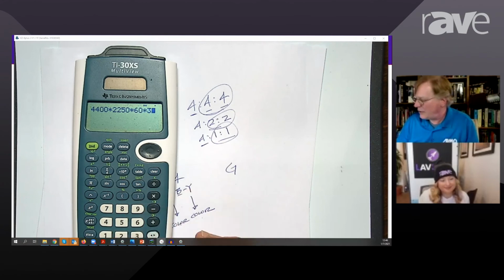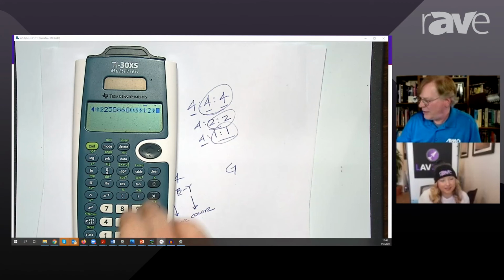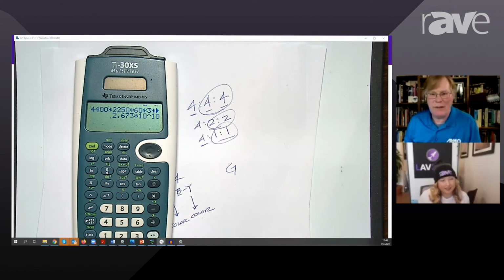Times the 3 channels, times, let's go to 12-bit color. And if we're doing HDMI, another 1.25. That gives 26.7 gigabits per second, because that's 2 more bits for the luminance and the color difference signals.